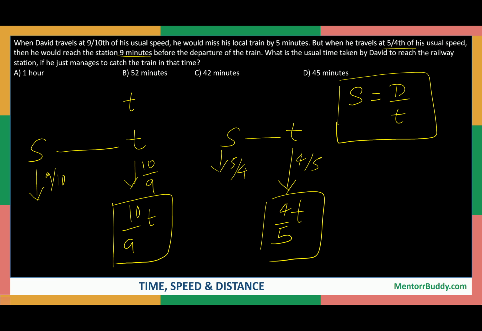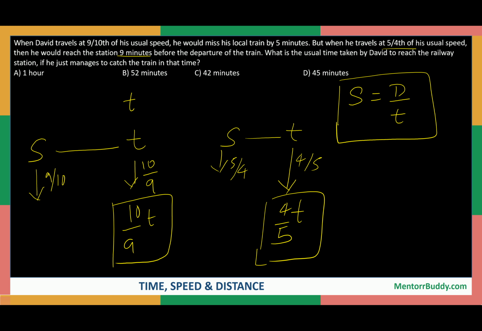So it means the time taken earlier is 5 minutes more than the usual time, right? And the time taken after increasing the speed is 9 minutes less than the usual time. By changing the speed, what is going on? When he is changing the speed, he is covering the delay of 5 minutes, and even coming 9 minutes before.